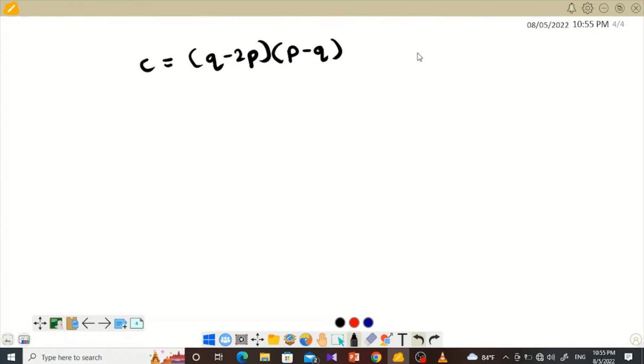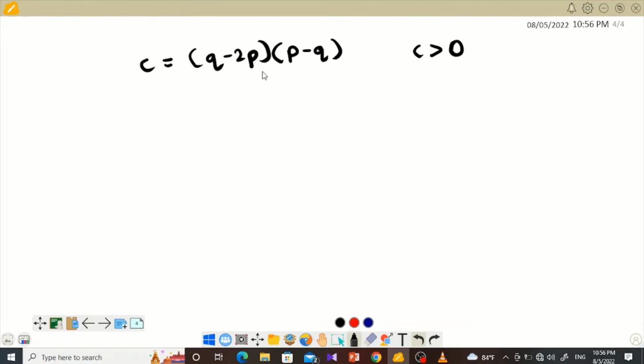In the problem, they gave that c is greater than 0, which means c is a positive number. If c is positive and we obtain c from the multiplication of two numbers, these two numbers might both be positive or both be negative. I am considering those situations.